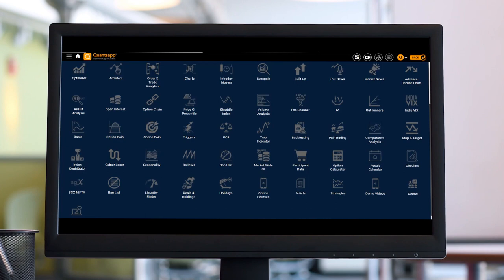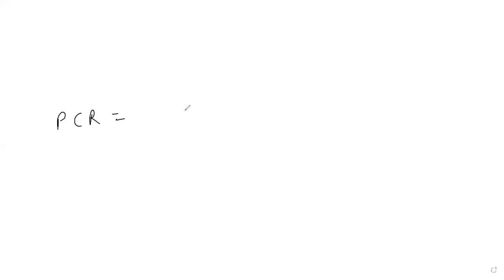Before diving deep into the tool, let's first understand what put call ratio is. Put call ratio is very simple. It is also called PCR. It is basically the ratio of puts and calls.